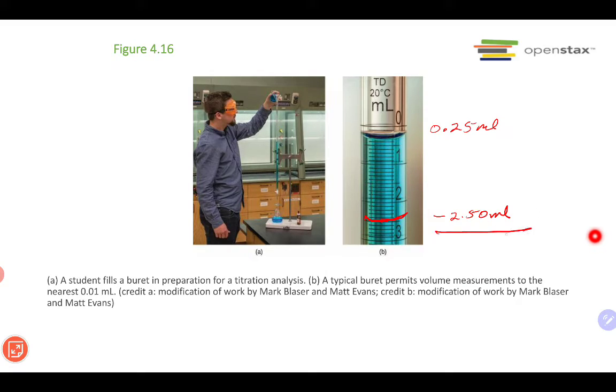The difference between those two tells us how much has actually been delivered. And that's what we're interested in. What volume actually came out of this? All right. So that's it for titration.